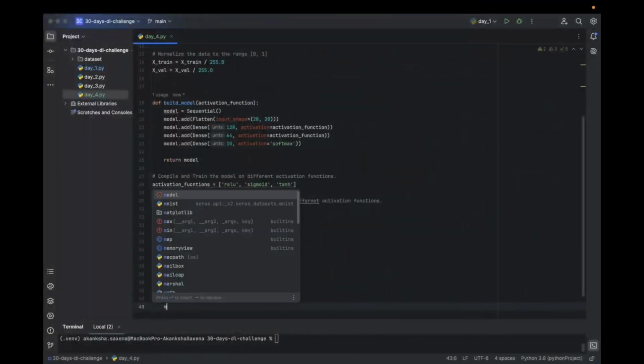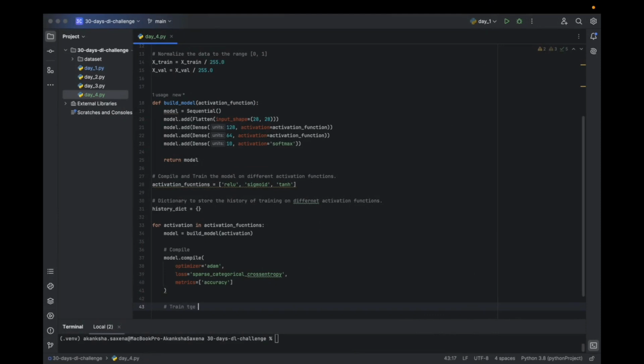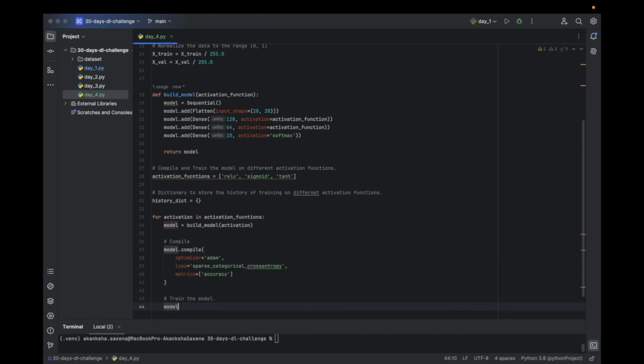Once done, how are we going to train the model? We are going to train the model using the fit function. Here we specify the x train and y train.